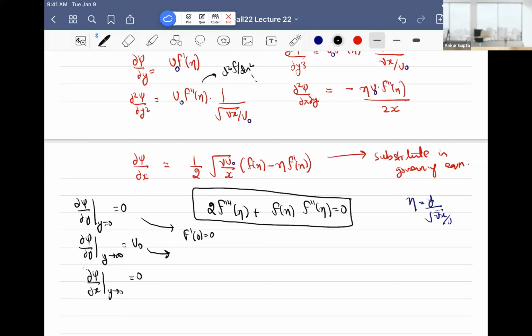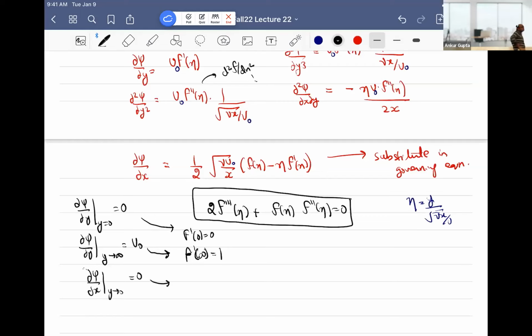Now del psi by del y as y goes to infinity is what? U naught. So that means f prime becomes 1, right? So when del psi by del y goes to u naught, f prime of infinity becomes 1. And this is always an interesting one that I find students to be sometimes confused by: how would you get to this one?